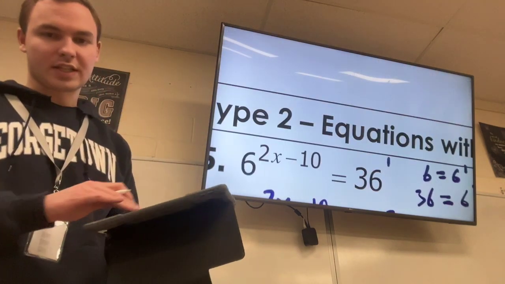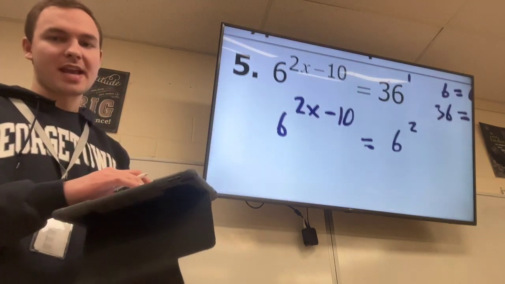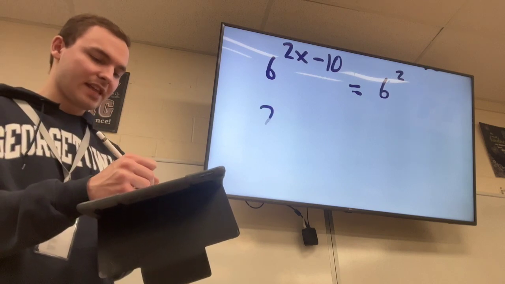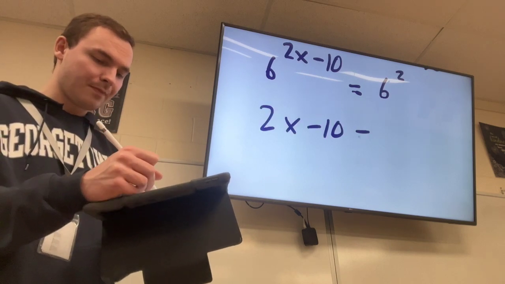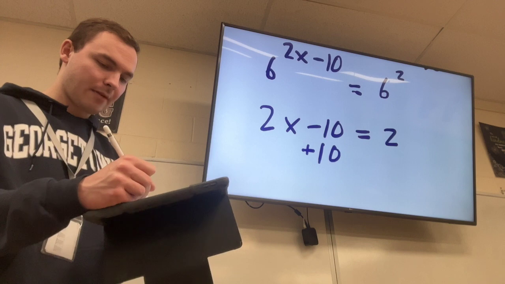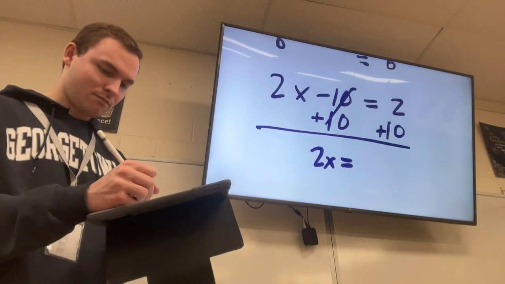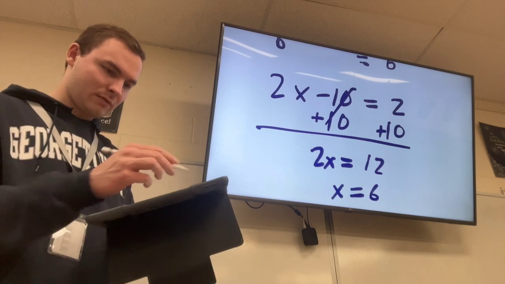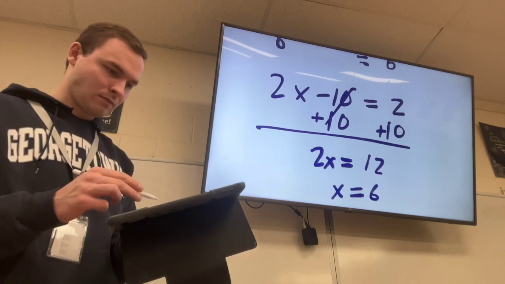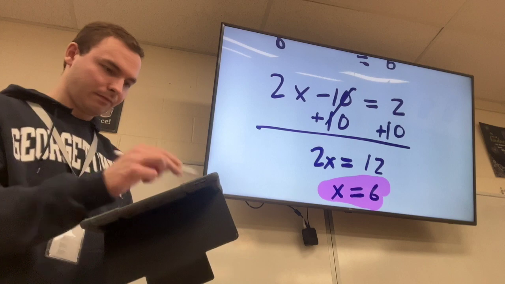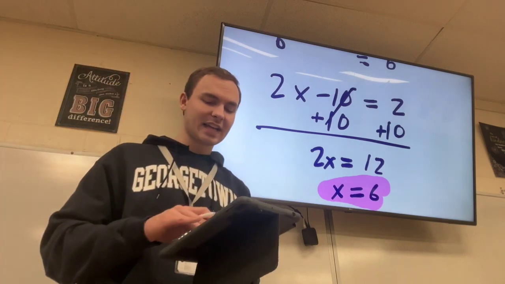It reduces to the easier problems up here. Now my bases are the same, so I can just set the 2 exponents equal to each other and solve for x. There's my answer. So that's the second type of equation.